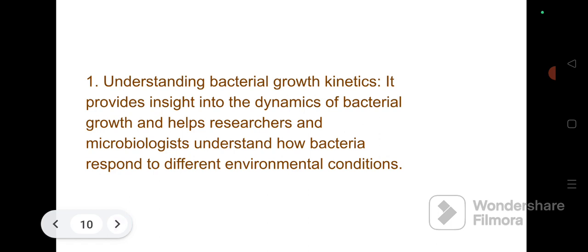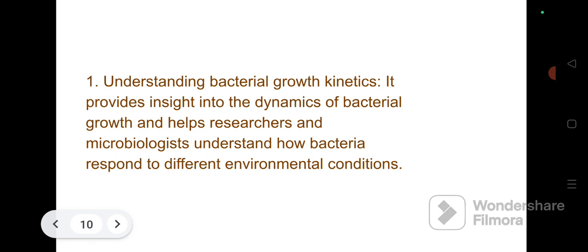You understand the kinetics of bacterial growth, and you understand the generation time required for the bacteria, that means in how much time the cells divide. The smaller the generation time of the bacteria, the faster the growth of that bacteria when nutrients are provided.